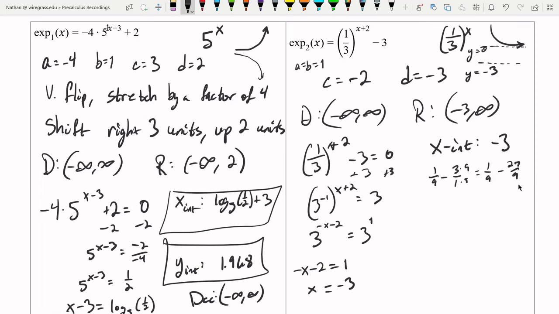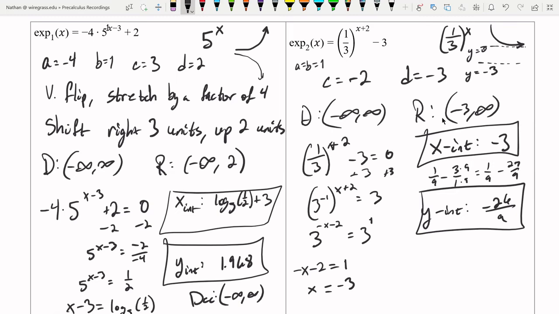Subtract those, we're going to get negative 26 over 9. So there's our intercepts. And this behavior, well, it looks like this. It hasn't been flipped at all from this. It's been shifted down 3 units, but that doesn't change the interval of increasing, decreasing, constant behavior. It's always decreasing. So this is decreasing on its entire domain.